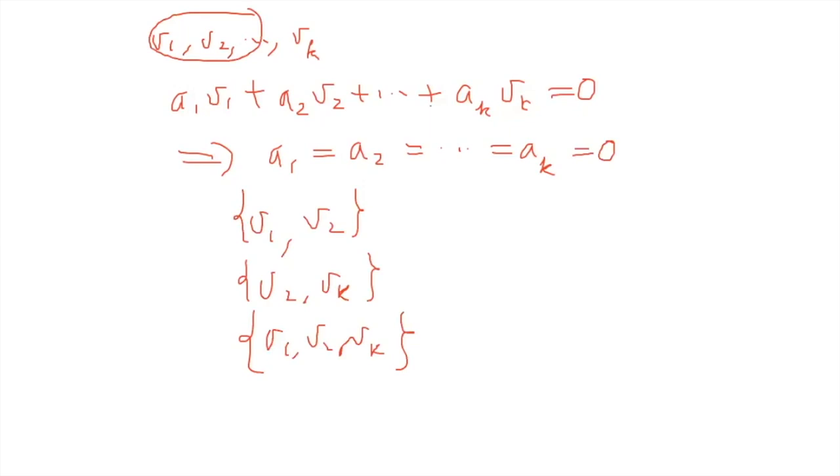If you look at just one, since it's a linearly independent vector, it's not 0, because if a1V1 is 0, then a1 has to be 0.